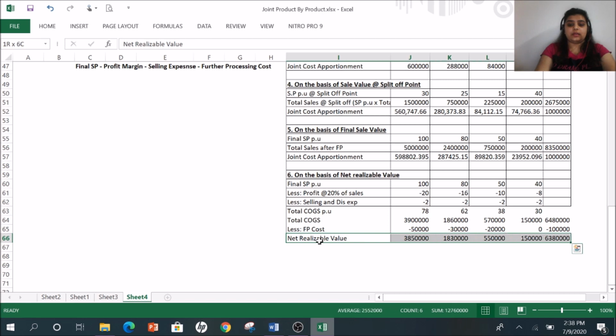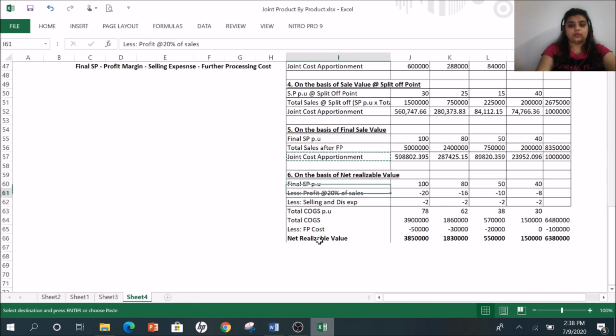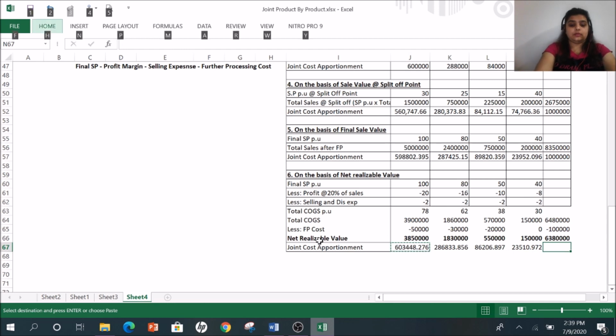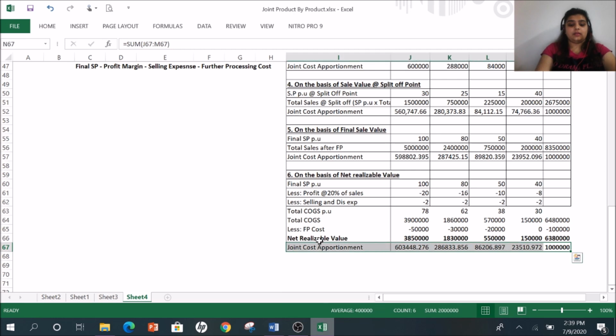So this is my net realizable value. On this basis, I will apportion my joint cost. 10 lakhs into 38 lakh 50 divided by 63 lakh 80. So this gives me a total of 10 lakh. This is the joint cost apportionment on the basis of net realizable value.